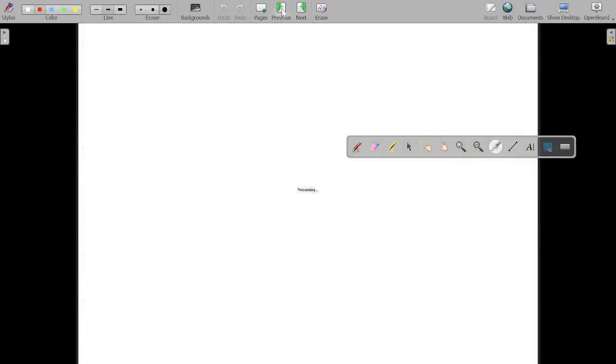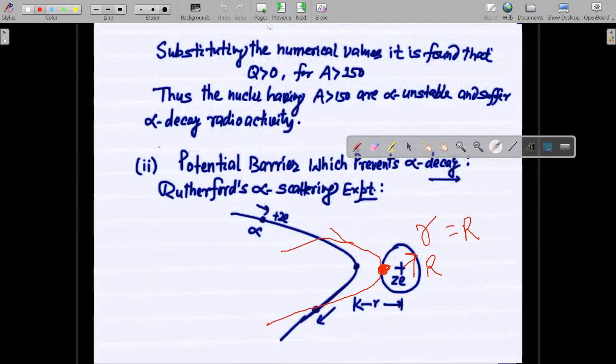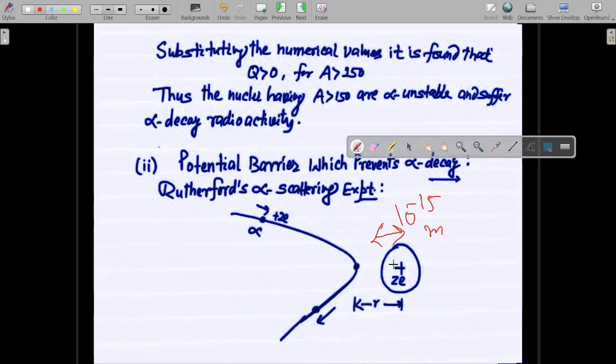So what is preventing the alpha particle from entering the nucleus? You can see over here. You know that the radius of the nucleus is of the order of 10 to the power minus 15 meter. At the surface, the Coulombian repulsion is equal to the nuclear attraction.